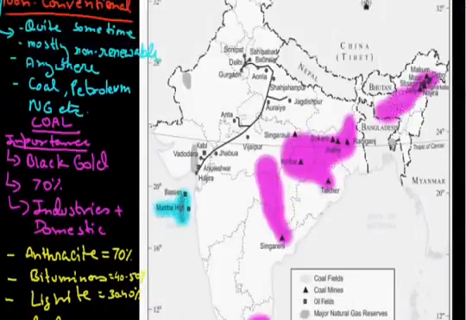The oldest petroleum refinery of India is this Digboi refinery, which is in Assam in northeast region. We also found a lot of petroleum under the Khambat region and also in Kutch.